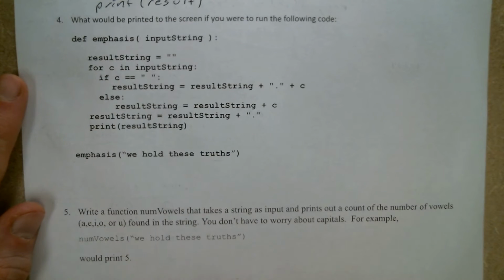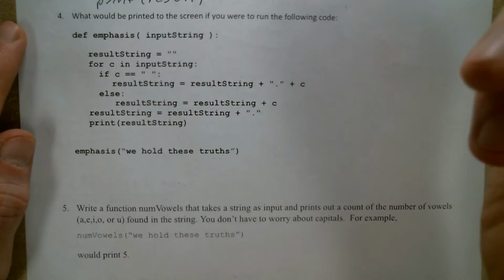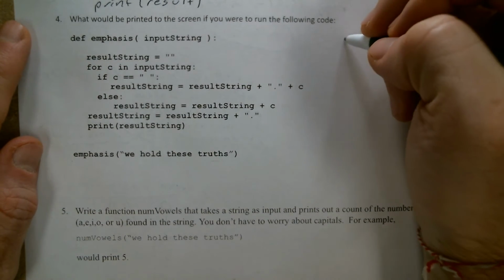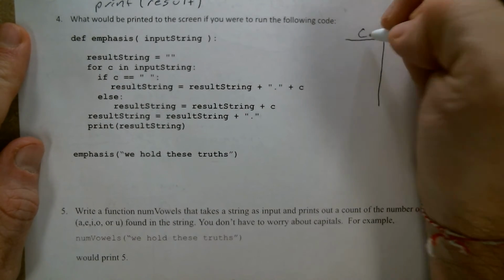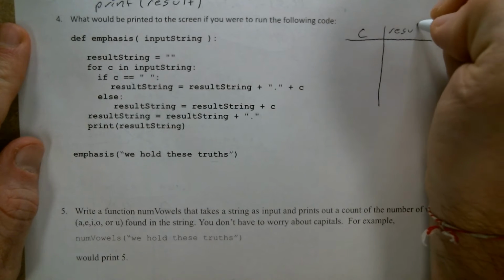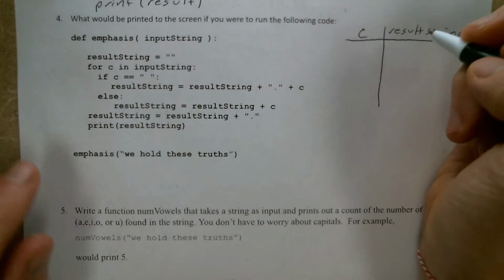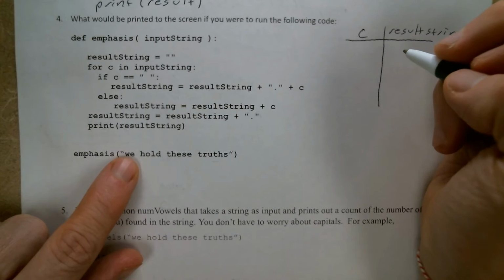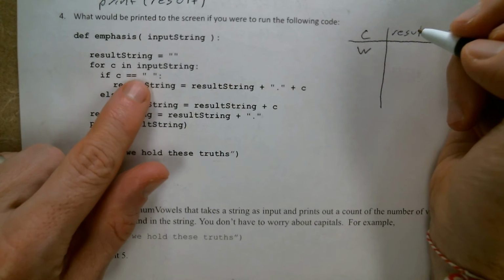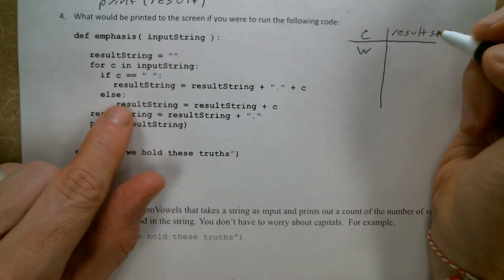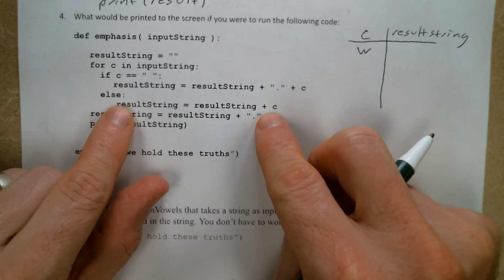So let's actually go through and think about what would happen. Again, we won't do the whole thing, but we'll do part of it. So here's C, here's result string. The very first time we enter the loop, C is going to be W. W is not a space, so we end up down here, and all we do is add the character.